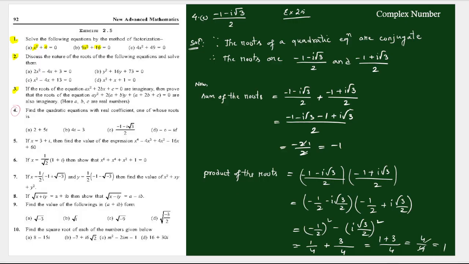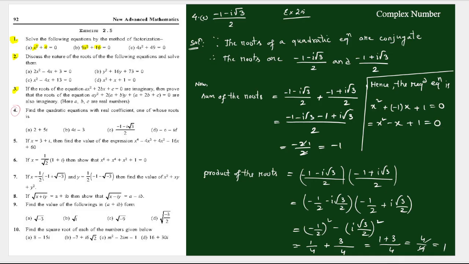So hence the required equation, shall I write here, the final line, so hence, okay, from here up to here, it's coming, hence the required equation is x square minus है ना, -1x plus 1 equal to 0, so x square minus x plus 1 equal to 0.